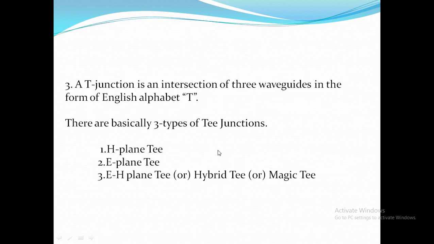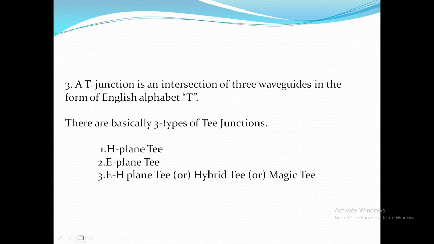The T-junction is an interconnection of three waveguides in the form of the English alphabet letter T.